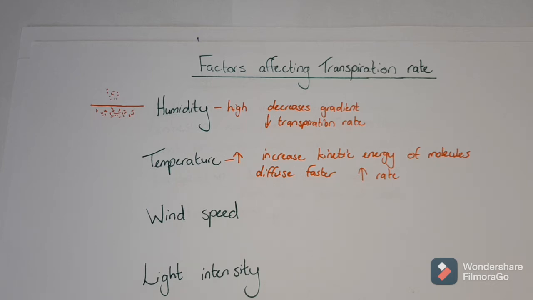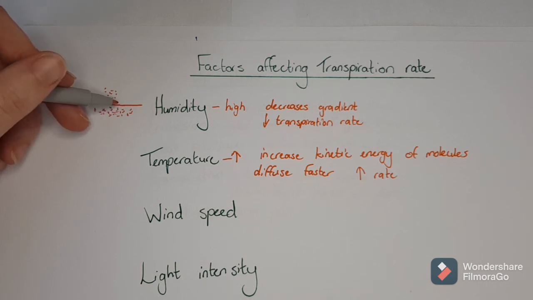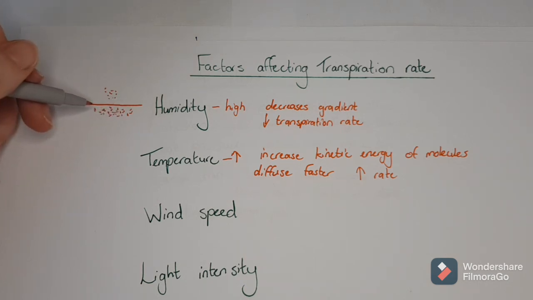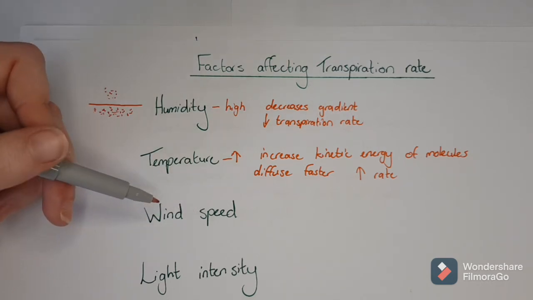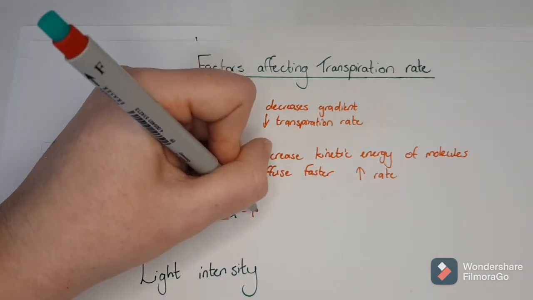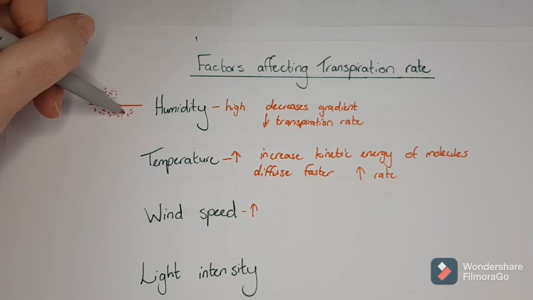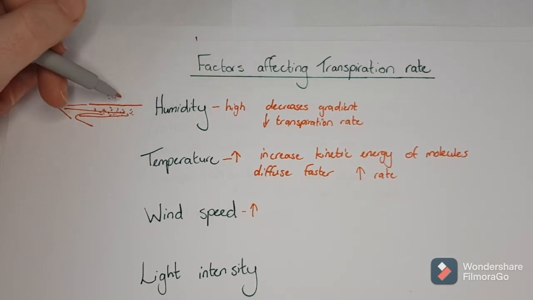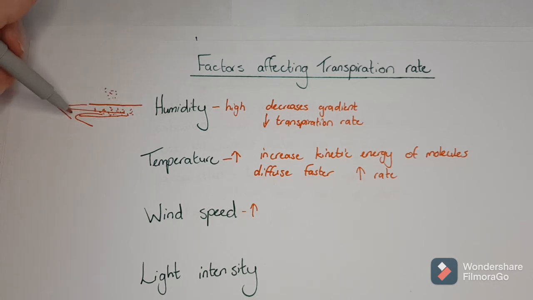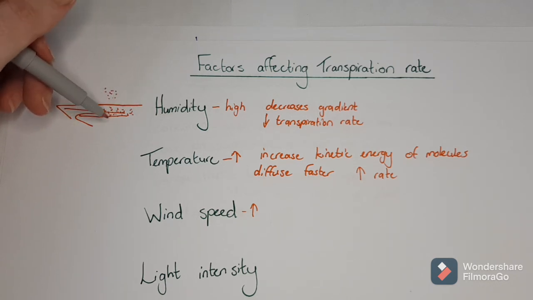The wind speed, just like that, where I have a whole bunch of water vapor molecules as they're diffusing, if there's a lot of wind, so if I increase the wind speed, it means I'm moving those molecules away. As soon as they diffuse out, I've blown them away. So what I do is I keep getting a gradient there to keep moving.